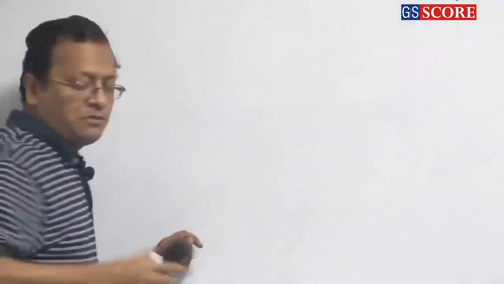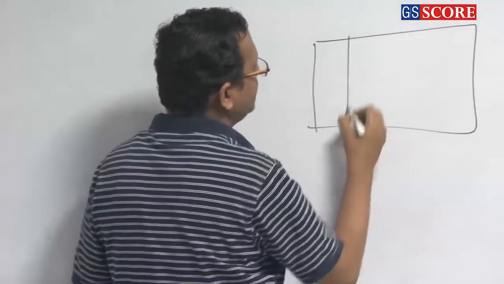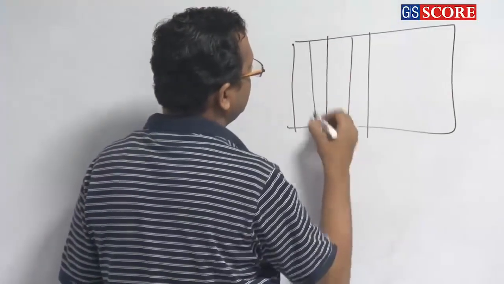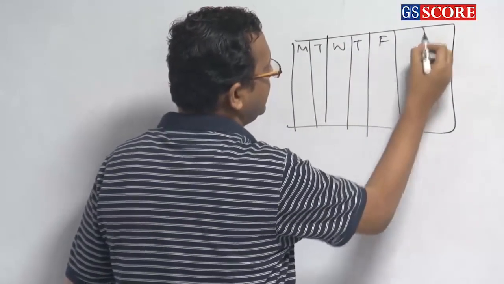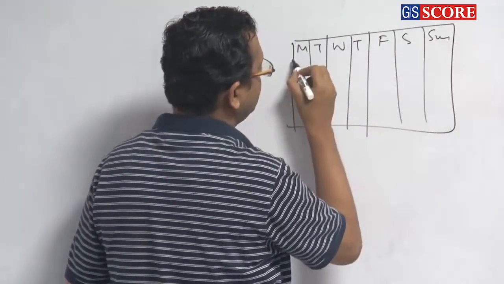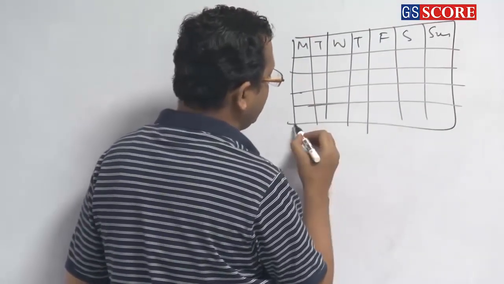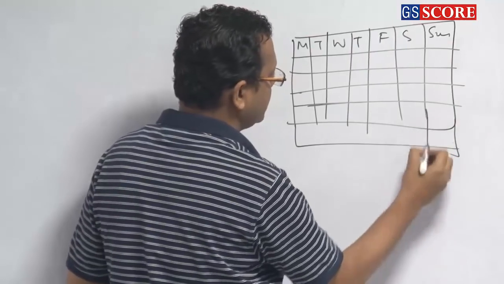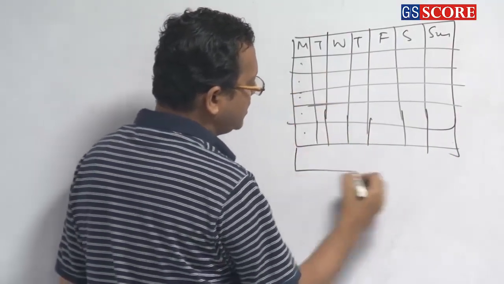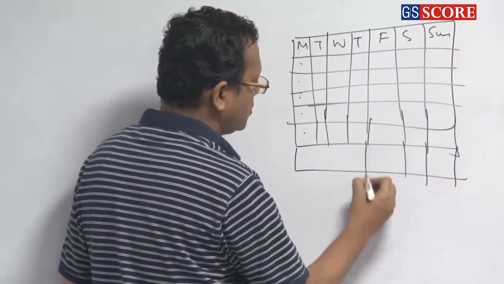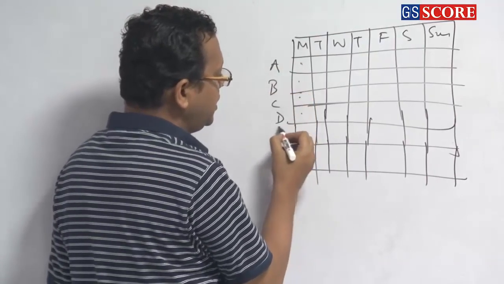Whenever you have these kinds of questions, the proper way is: Monday, Tuesday, Wednesday, Thursday, Friday, Saturday, Sunday, and say if there are 6 people, 1, 2, 3, 4, 5, and 6. So A, B, C, D, E, F.